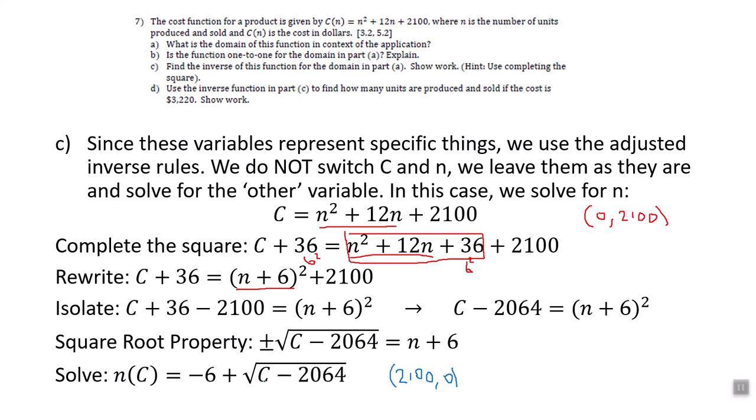So when I put 2100 in for c, 2100 minus 2064, I got 36. I had plus or minus square root of 36. Square root of 36 is 6. I knew it had to be negative 6 plus 6 to give me the 0. The minus wouldn't work. That would give me a negative 12. So using a point from the beginning will help us choose whether it is plus or minus that we use in our inverse formula. So make sure you check that out. It's not always going to be positive that we keep.